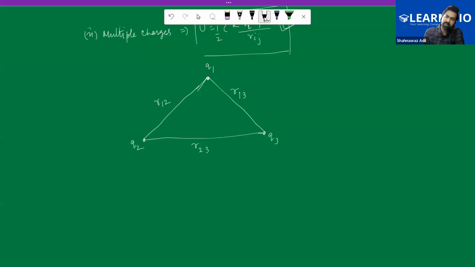So if I pick this charge, how many combinations can I take to make a pair?